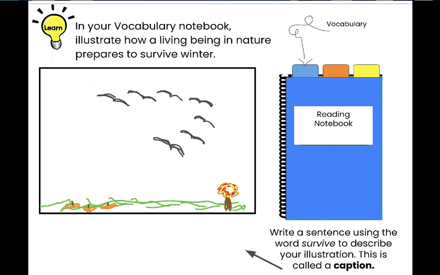I'm going to write a sentence underneath here. So I'm going to highlight the spot where I'm going to write. I'm going to write a sentence describing my picture because someone who looks at this might not realize that these are, in fact, birds flying south for the winter. So I need to write something to explain that. What could I write?